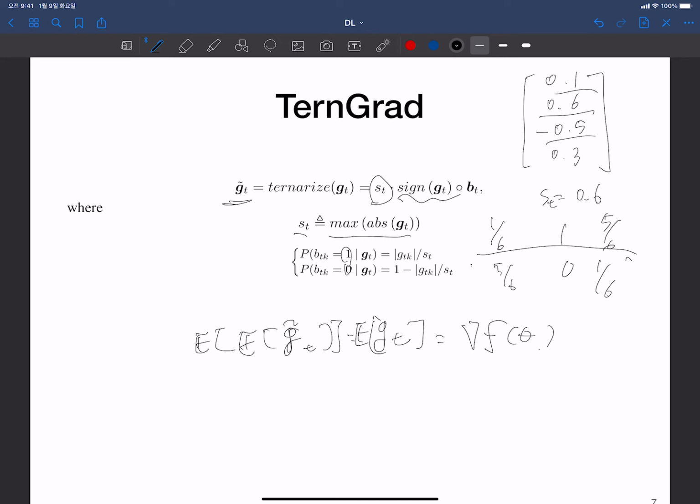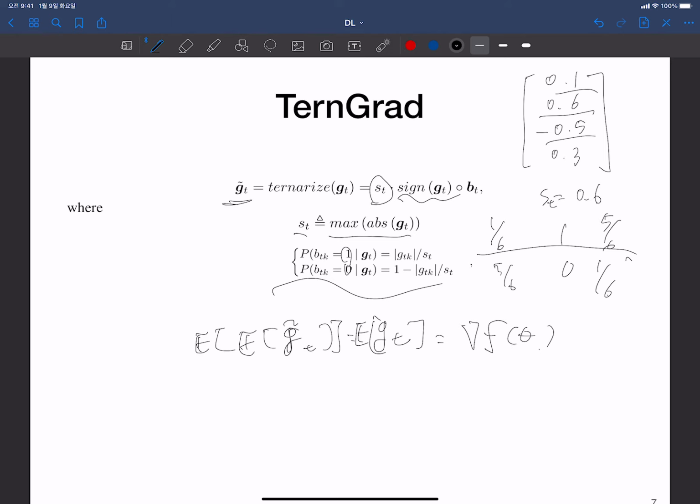So g tilde t is an unbiased stochastic gradient. Okay, that is very nice. And this is a very extreme case. We set every element as a Boolean variable, just 0 or 1. So 1 bit is required to store each element of the gradient vector.